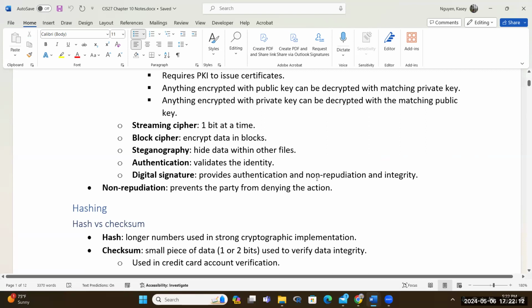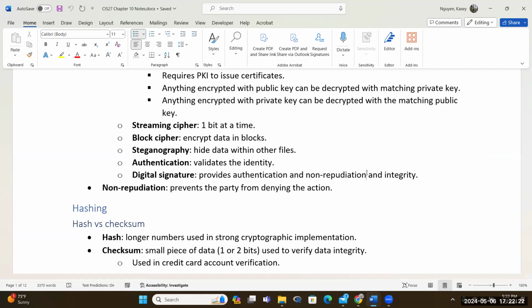And non-repudiation and integrity. So when we say non-repudiation, it's going to rely on timestamp. So that way I cannot repudiate, I cannot argue that it didn't happen because the system tracked that. It accounted for that occurrence.